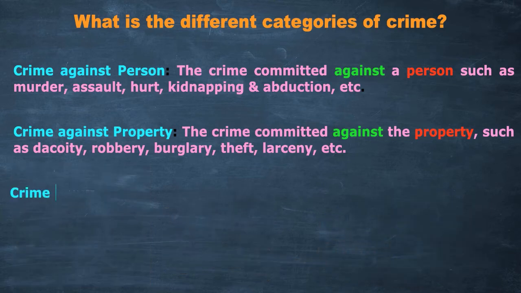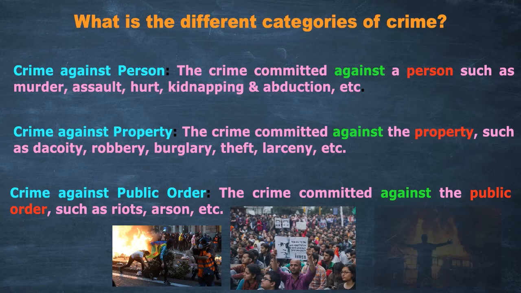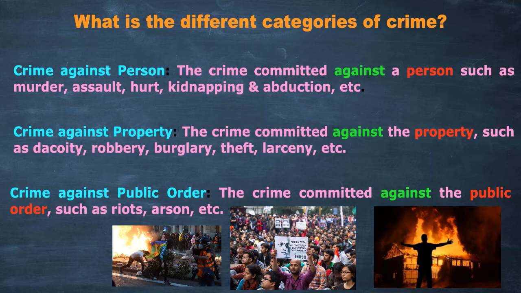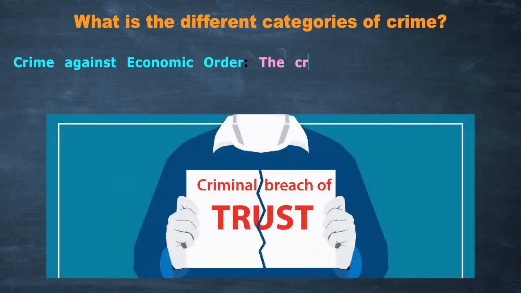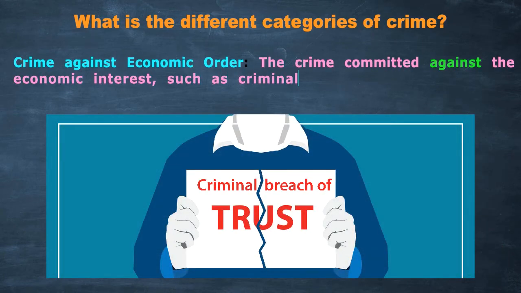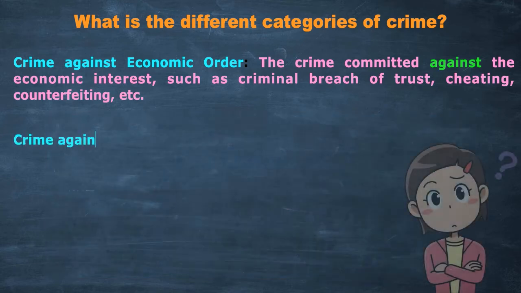Next one is crime against public order, committed against public order, such as riots, arson, etc. Next one is crime against economic interest, such as criminal breach of trust, cheating, counterfeiting, etc. Next one is crime against women.